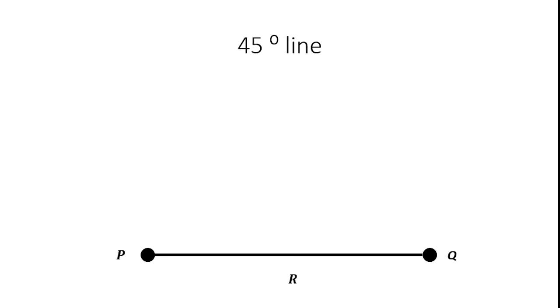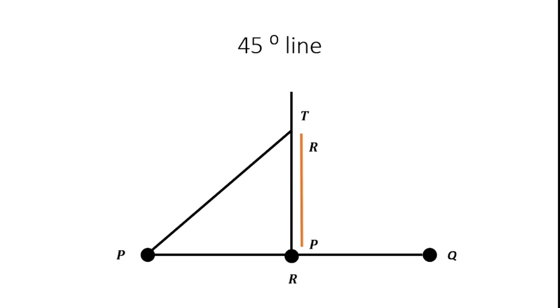After that, how can we make the 45 degree line? Yes, I again consider the same PQ line. On that PQ, I consider the R point at any place. After finding R, I draw the perpendicular line. After drawing the perpendicular line, I consider PR as the distance and mark it on the perpendicular line.